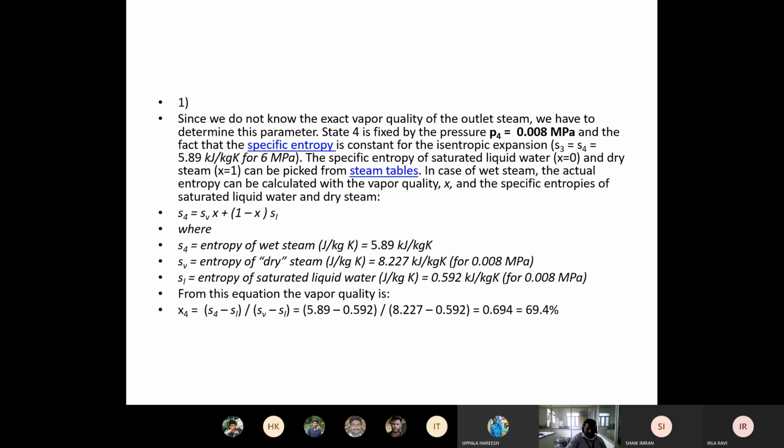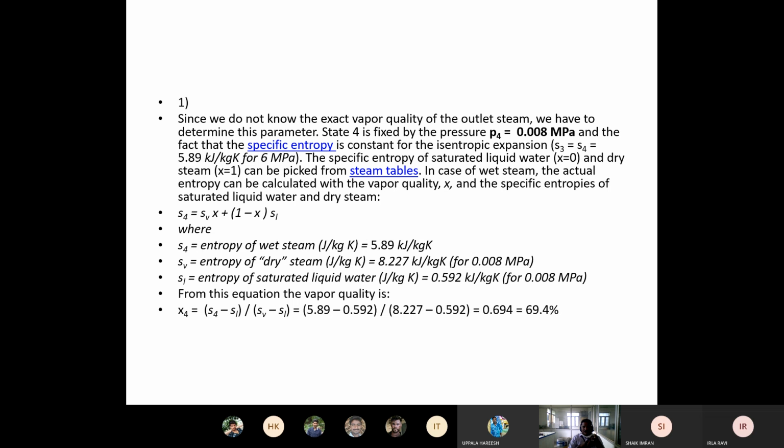At 0.008 megapascal, what will be the entropy of the dry steam? We can take it as Sg, and Sf is the entropy of the liquid. If you observe the steam tables, the terminology is Vf, Vg, Hf, Hfg, Hg, Sf, Sfg, Sg. V stands for specific volume. Vf is the specific volume of the liquid.